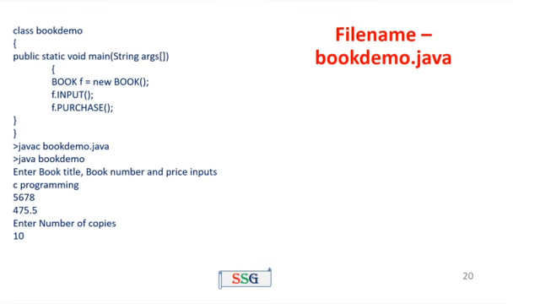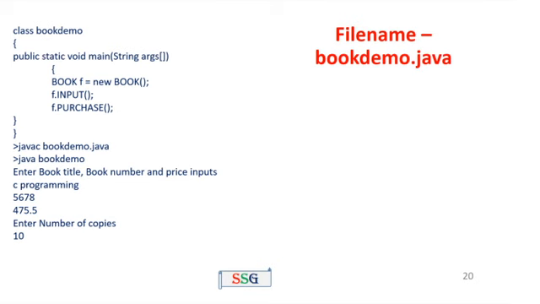To run the program, first the control transfers to the main function. First the object is created, so f.input, control transfers to the input function for getting the inputs, that is title, book number and price. The title of the book is C Programming, book number is 5678, the price amount per book is 475.5. The next one, f.purchase.